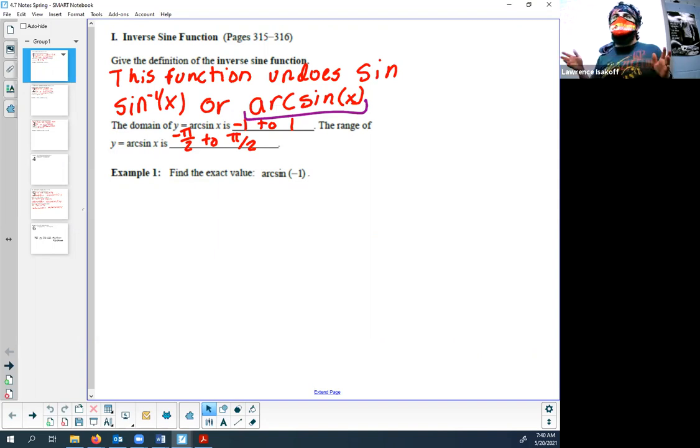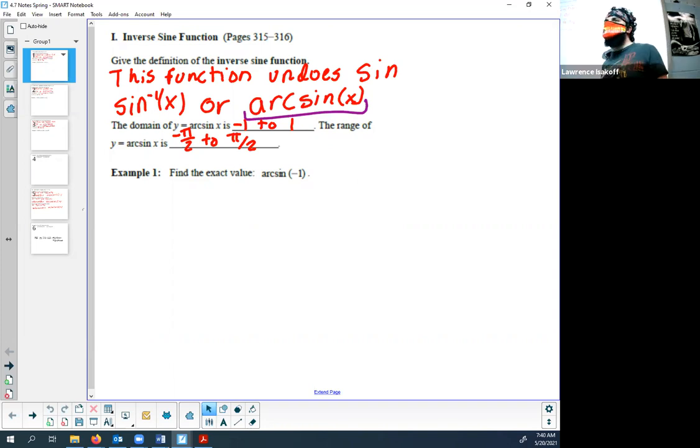Now the domain is really tight, because the range of sine was only going from -1 to +1. If I'm doing the inverse of that, now the domain is between -1 and 1, and my range is between -pi over 2 and +pi over 2.